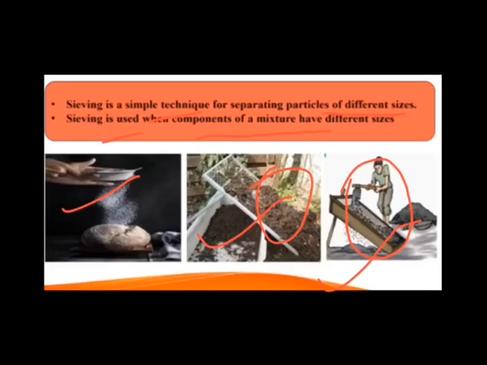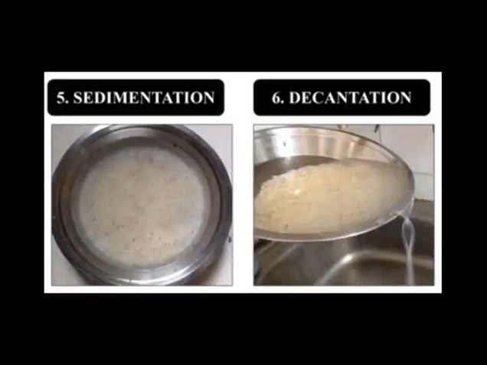Okay, so now we will study two more methods of separation: sedimentation and decantation. So we can study them together. They are very simple, right? So here we have rice full of impurities.